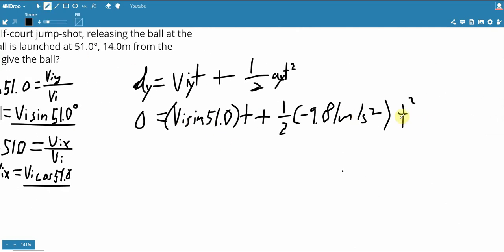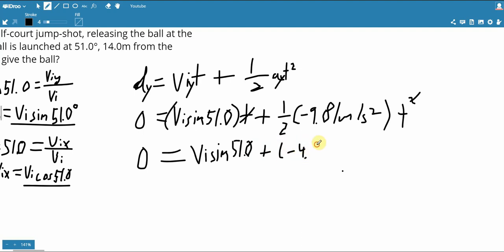We take 1t out, we divide both sides by t, 0 divided by t is 0, equals VI sine 51.0 plus, we can expand this, that would be negative 4.905 meters per second squared times t.